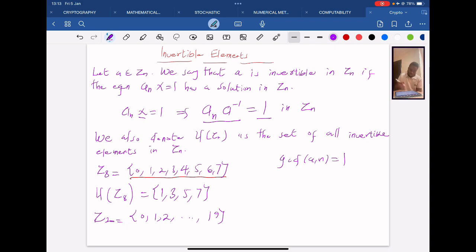Now with the set of invertible elements of Z20, we are going to get 1, 2 is not part, so 3, 4 is not part, 5 is not part, 6 is not part, so 7, 8 is not part, 9, 10 is not part, 11, 13, 17, and 19. So these are the invertible elements of Z20, meaning that these elements over here have inverses in Z20.